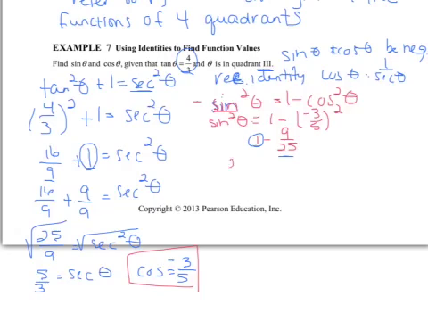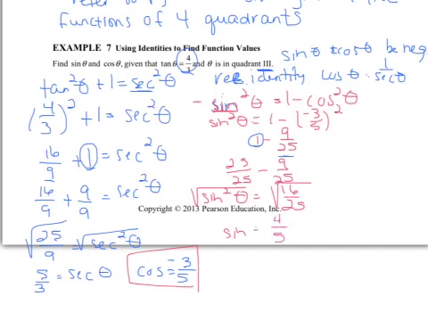So then that becomes 25 over 25 minus 9 over 25. So that would give me 16 over 25. So then sine squared theta equals 16 over 25. I have to take the square root of both. So sine equals 4/5, and because it's in quadrant 3, it's a negative 4/5.